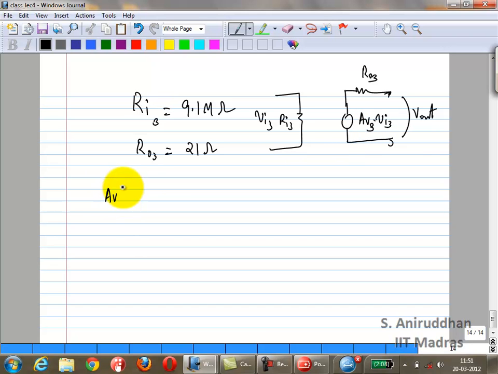Can you calculate the overall voltage gain, AV? Now that you know the equivalent circuit for all the stages, calculate the overall voltage gain of the op-amp.